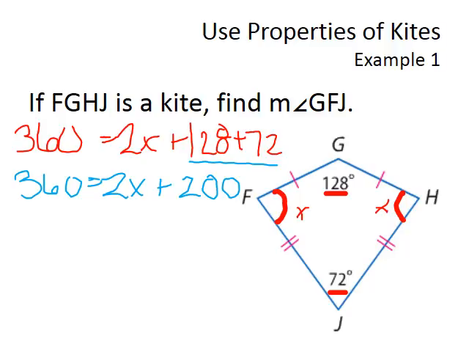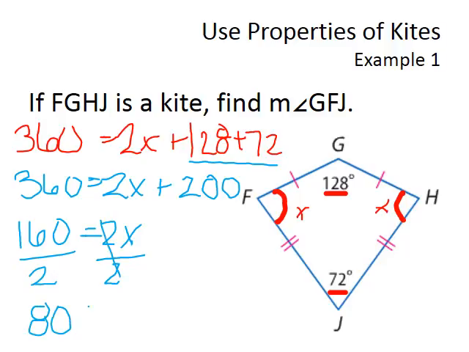So now we subtract 200 from both sides, and we have 2x equals 160. And all that's left is to divide by 2. 160 divided by 2 is 80. So our missing angle, angle GFJ, is 80 degrees.